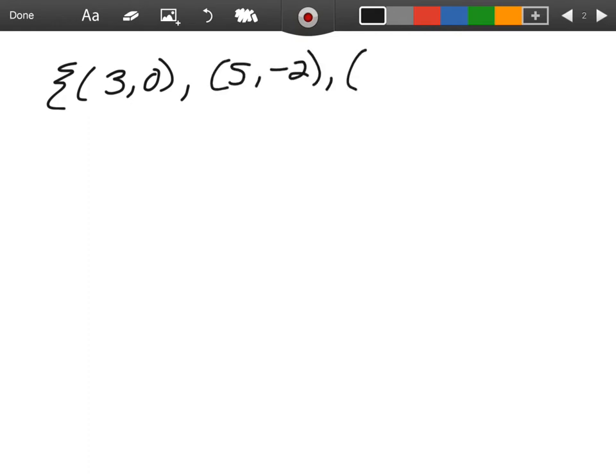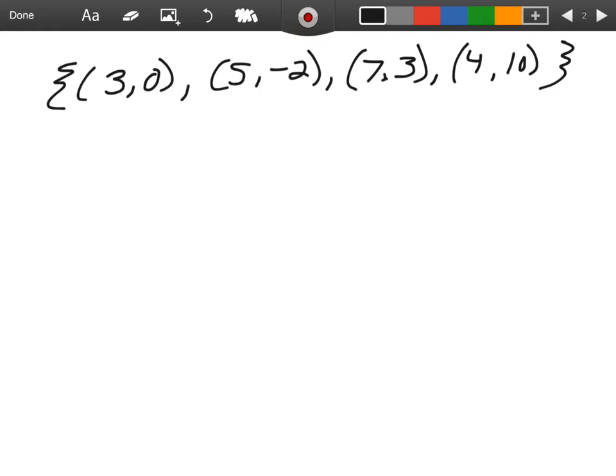So let's look at some examples of some functions here. Here we're looking to see that every element of the domain corresponds to only one element of the range to test if it's a function.